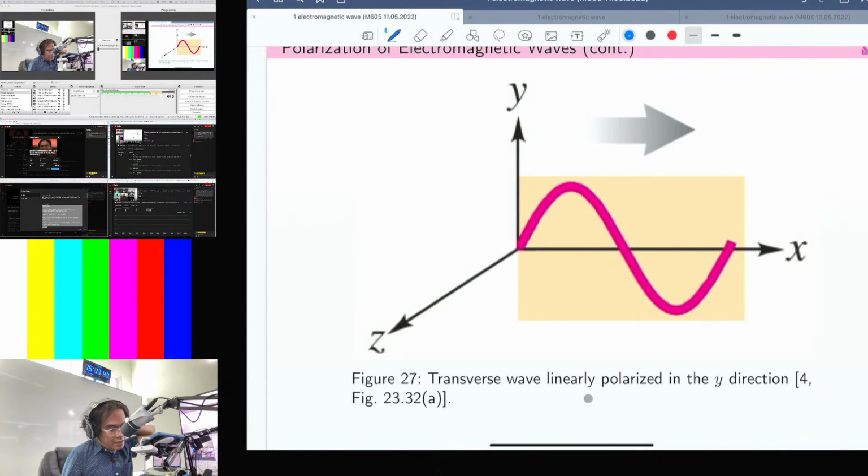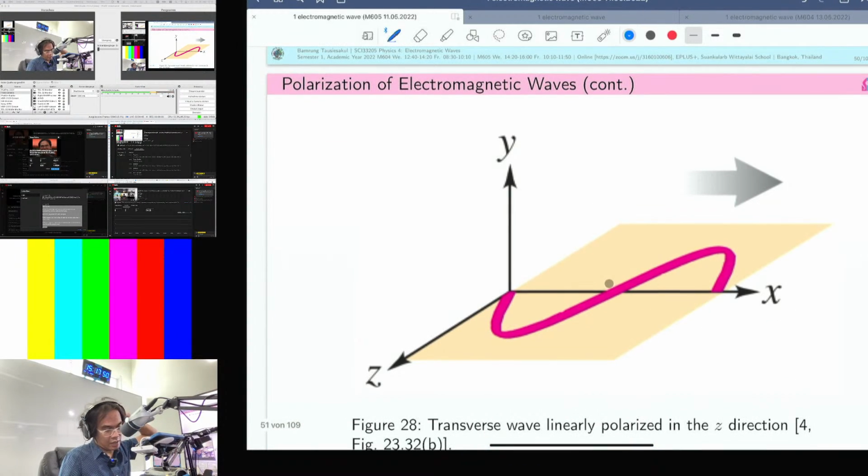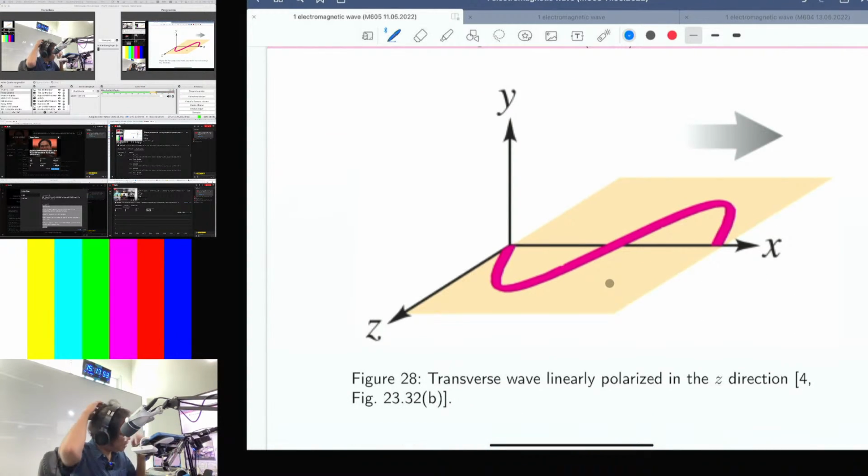It's called linearly polarized in the y direction. And if the fluctuation takes place along the horizontal plane, and the wave propagates along the positive x-axis according to this arrow, we would call the wave linearly polarized in the z direction, because the fluctuation takes place in positive z and negative z.